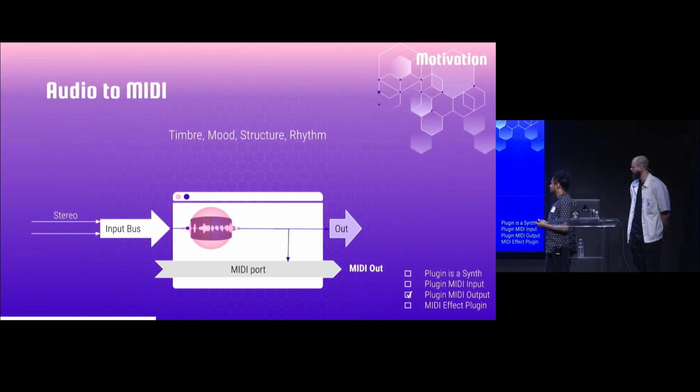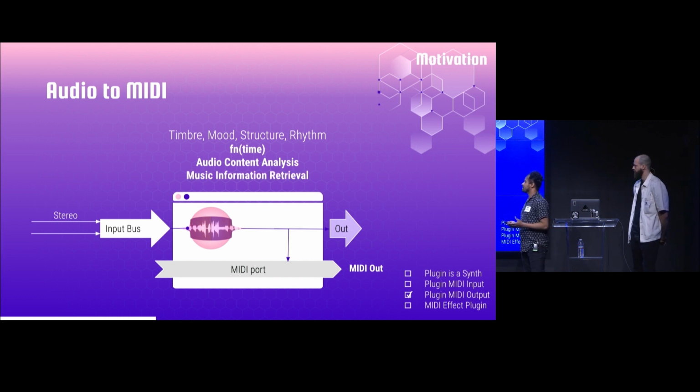But music is not just limited to melodies. There is timbre, mood, structure, and rhythm in it, and these are all a function of time. They change over time as the music signal arrives, and there's a whole field dedicated to it. We heard some very interesting talks earlier about audio content analysis and music information retrieval. These are the units that can extract information from the audio signal.